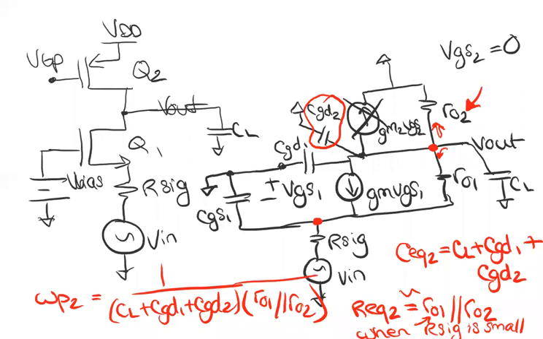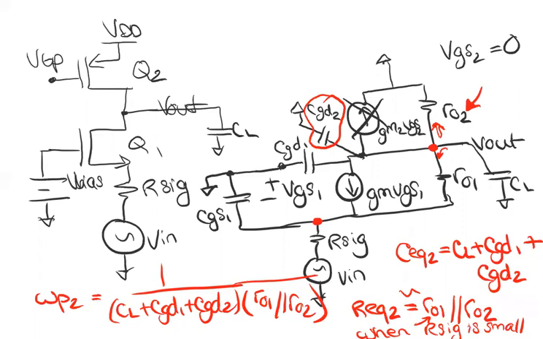Looking at the input resistance, you have 1 over GM1 approximately, in parallel with R sig, and then your equivalent capacitance was CGS1. So we don't change the pole due to the input side, omega P1, much when we change the active load.